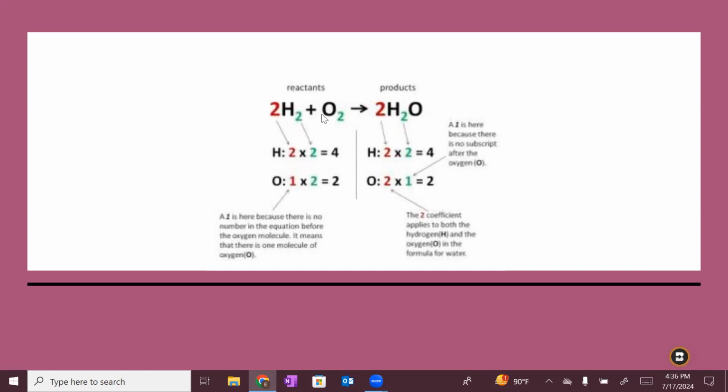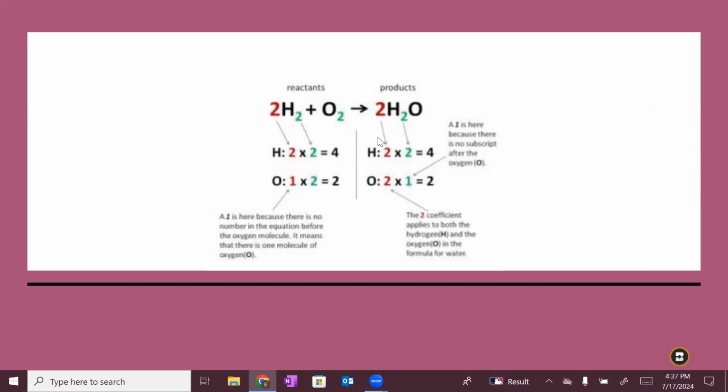And there are 2 atoms of oxygen on the reactant side. Then on the product side, there are 4 atoms of hydrogen and 2 atoms of oxygen. So each kind of atom is equal on both sides.